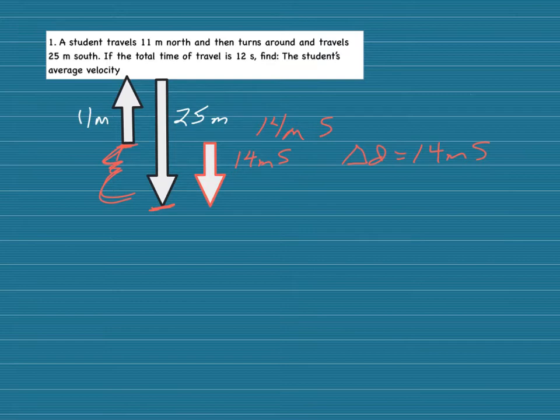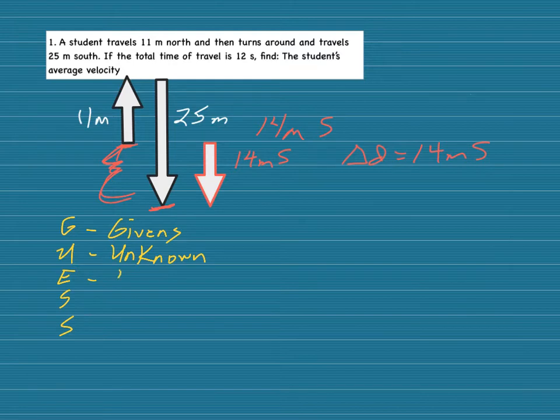If I look at the other parts of the problem, we're going to use what is called the GUESS method to solve these problems. G stands for givens. We're going to write our givens down. U stands for unknowns. We're going to write our unknown down.